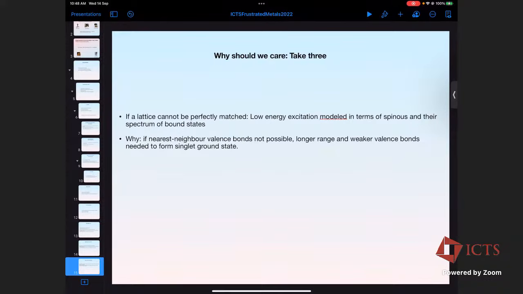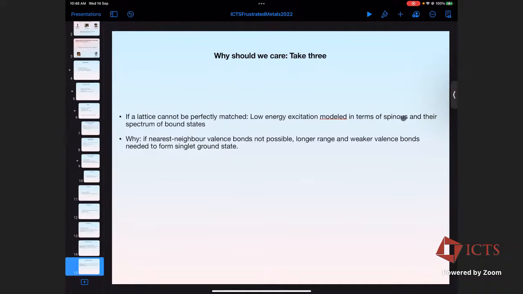But that's of course an approximation. What will actually happen is that longer range valence bonds will quench these spinons into singlets. And so then the idea would be, by knowing something about the monomers in a dimer model, you can, just like Rokhsar and Kivelson model the singlet sector dynamics, model the low energy spinful excitations.